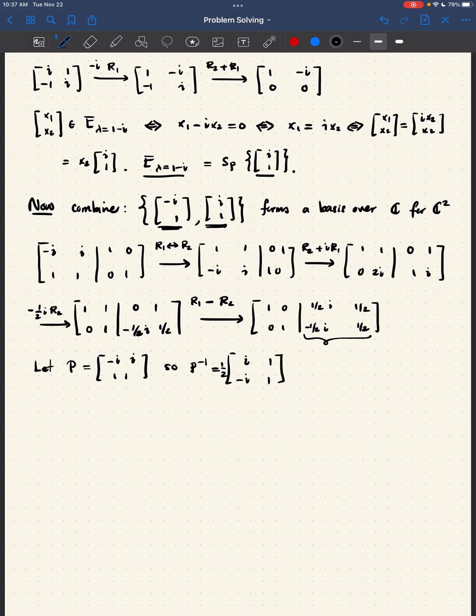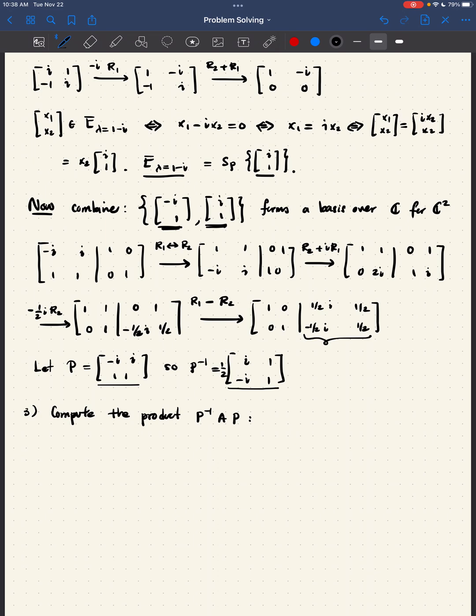Now, something to observe is that the matrix that we see here and the matrix that we see here are related by the transpose. Well, nice observation. Now, let's compute the product P inverse A P.